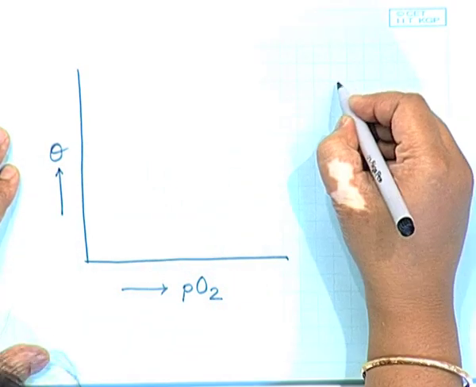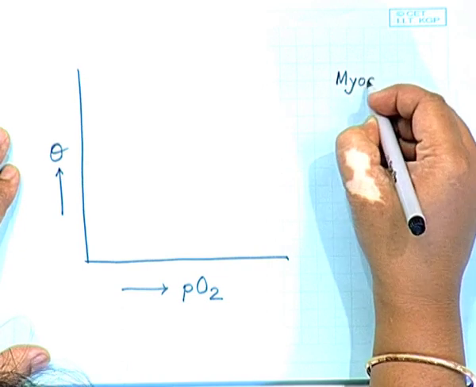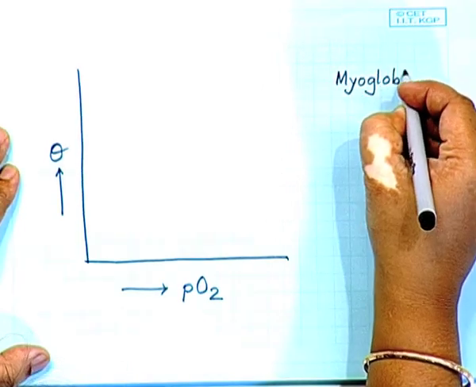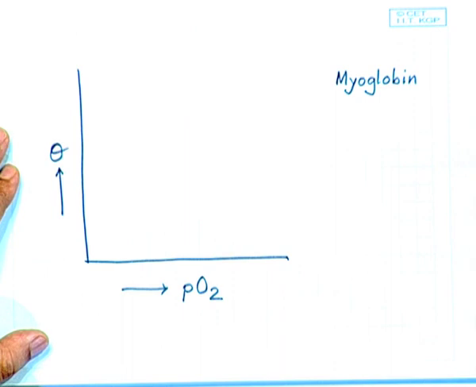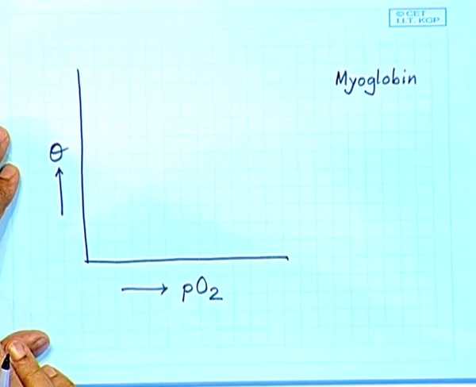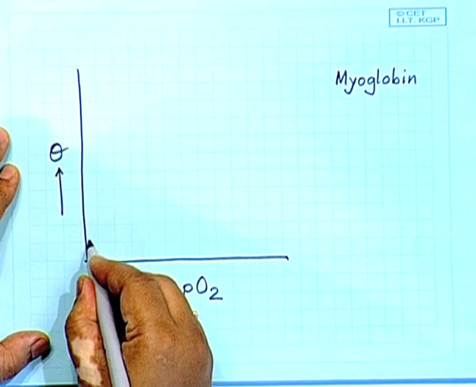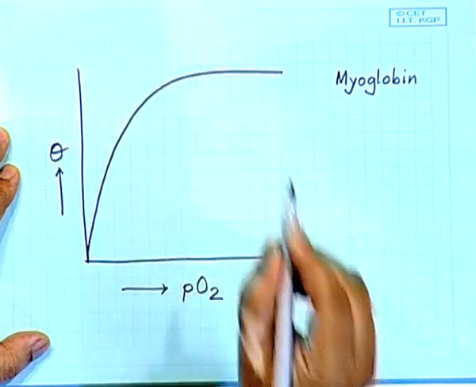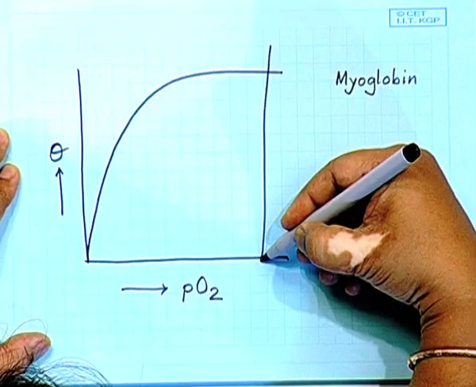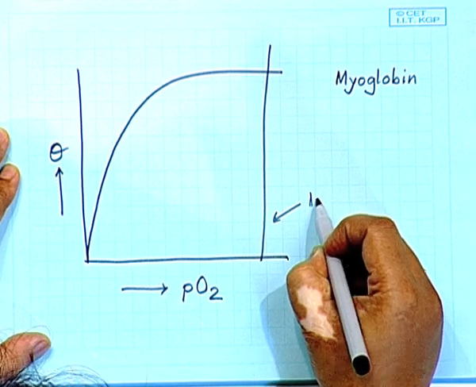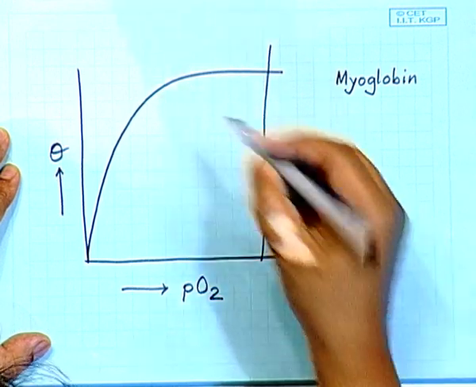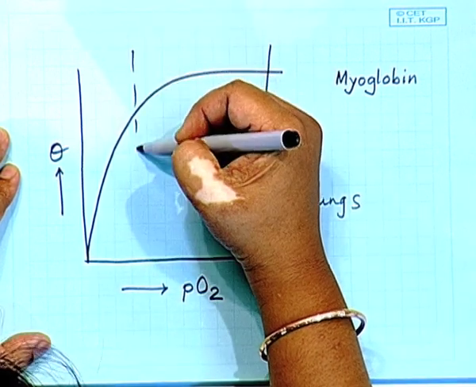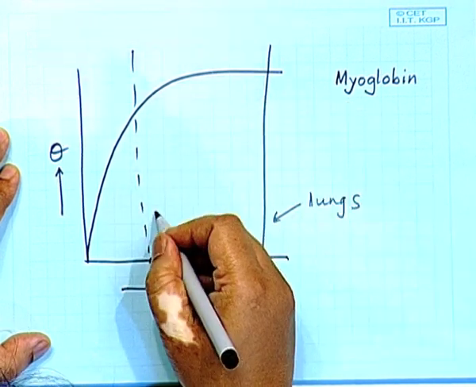We are looking at the curve for myoglobin now. Myoglobin behaves in a hyperbolic fashion. So, this is the situation in lungs. This is the situation in tissues.